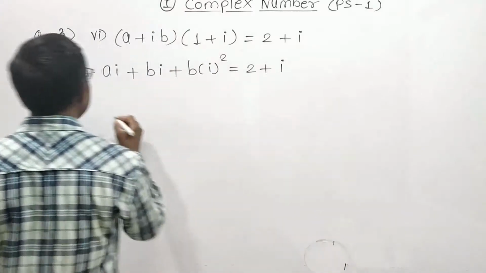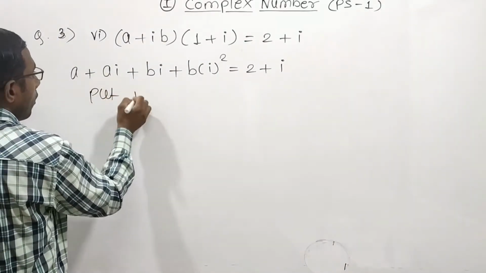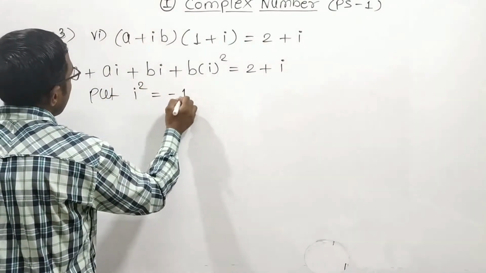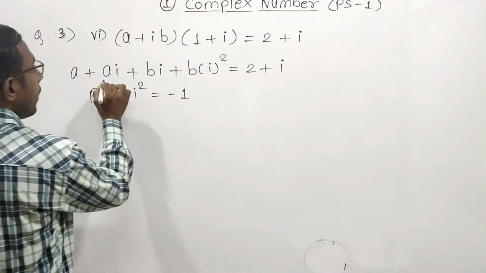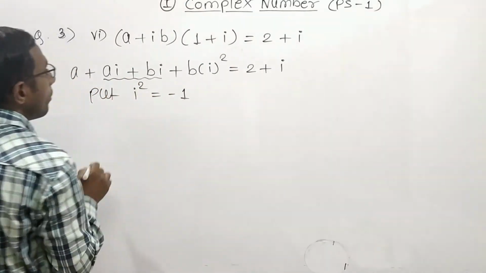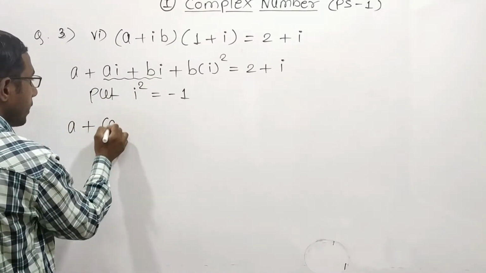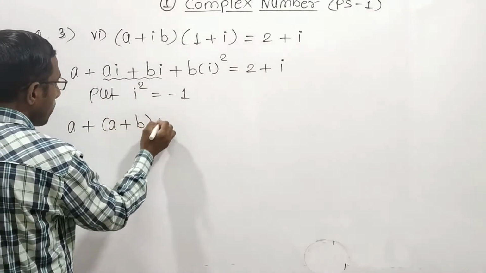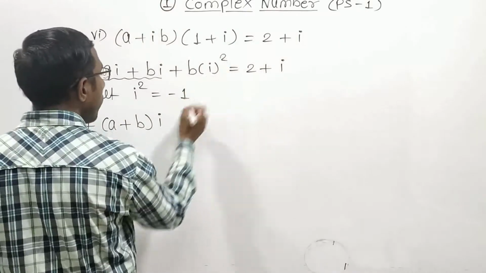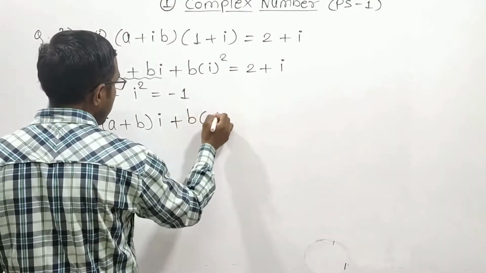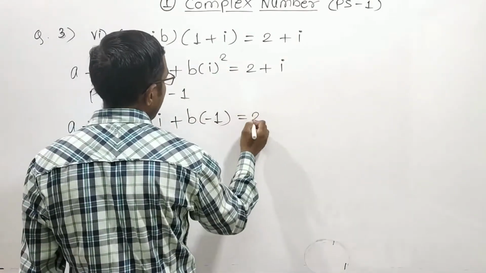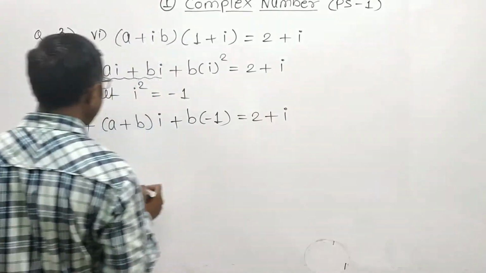Now put the value of i square equal to minus 1. And now take i as common from these two terms. So it will be a plus, on taking i as common, a plus b times i. i square is minus 1. It looks like this, is equal to 2 plus i.